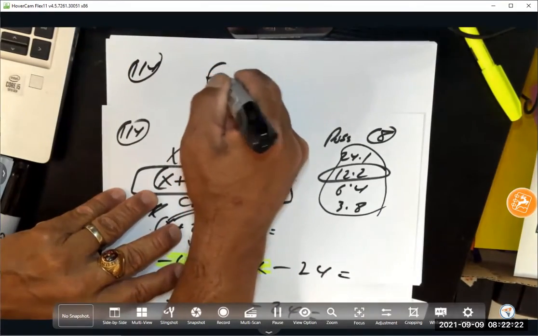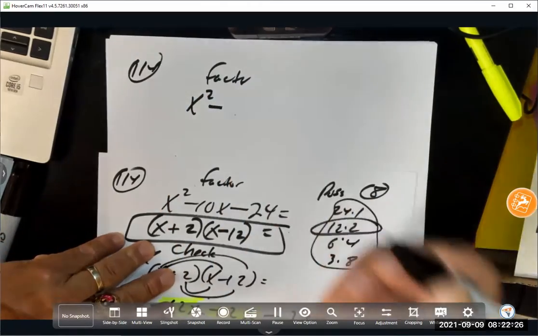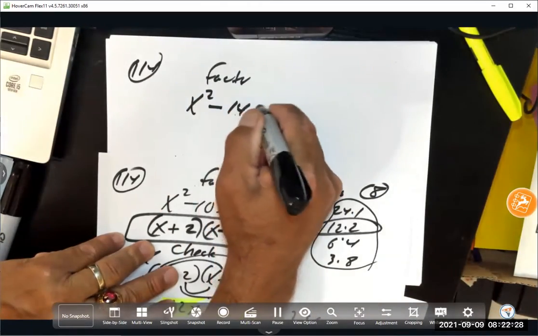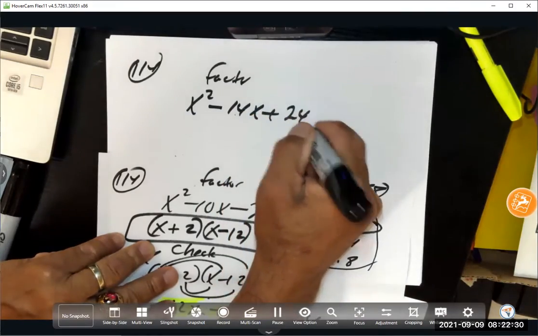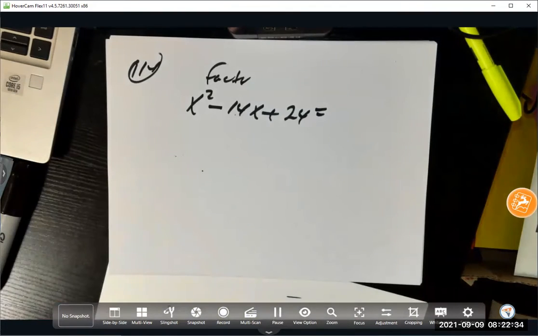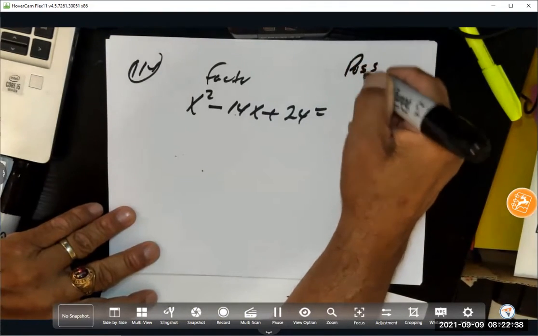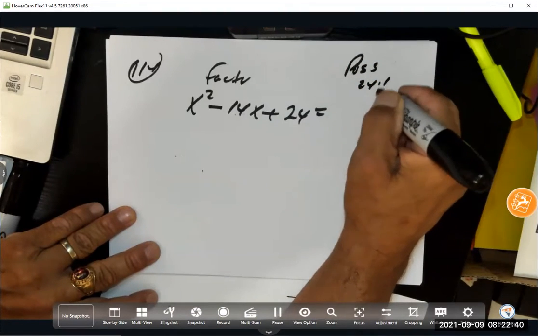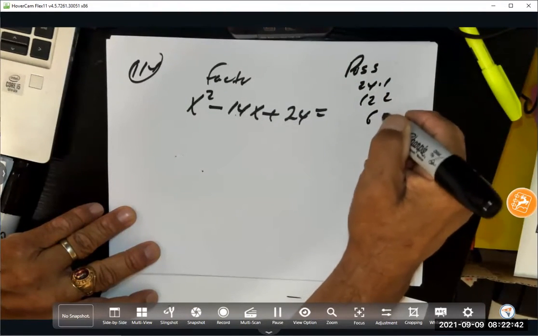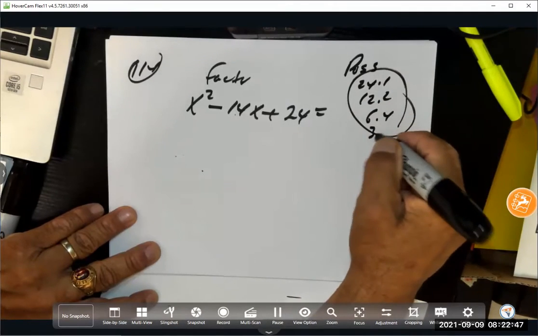This is going to say factor, and you're going to say x squared minus 14x plus 24. All right. There it is. It's still going to be the same things. Again, it's going to be 24 and 1, 12 and 2, and 6 and 4. Still going to be these guys right here. 3 and 8, I guess, also.